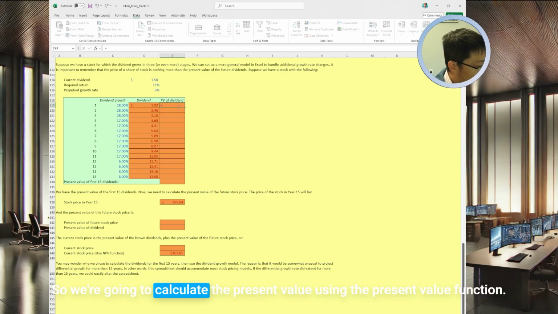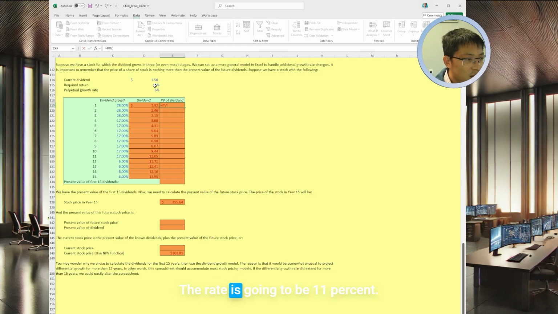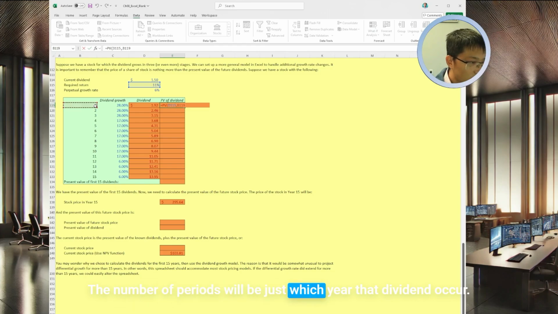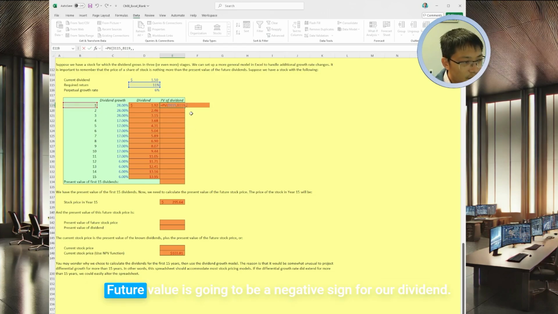So we're going to calculate the present value. The function takes the rate per period, the number of periods, the payment is 0, and the future value is the sign.